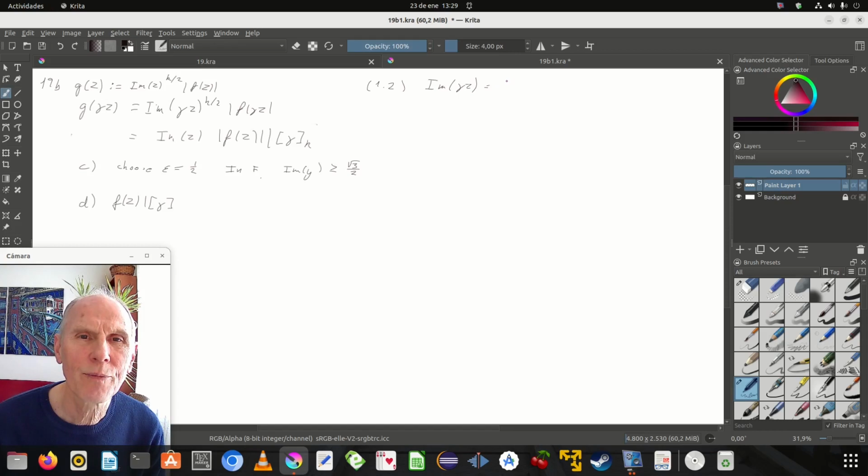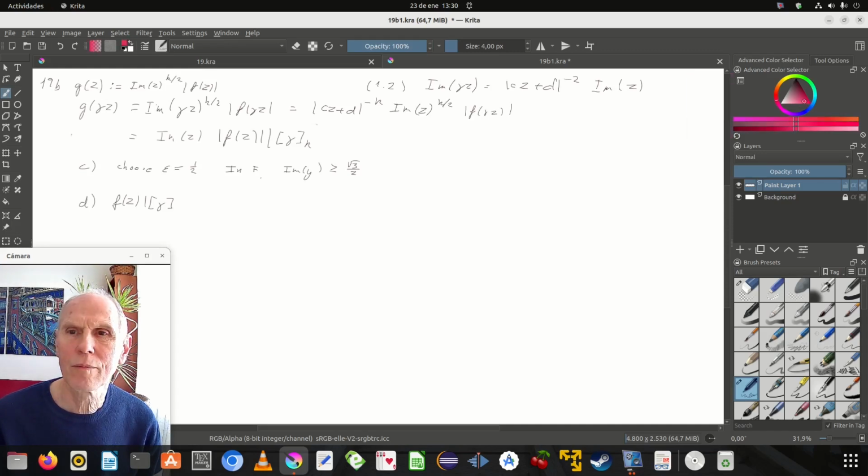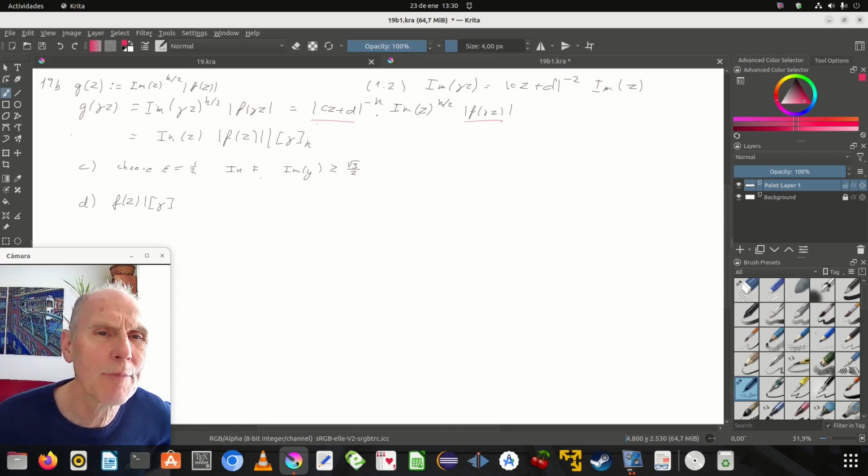Yeah. cz plus d, the reciprocal value of the square times the imaginary part of z itself. So minus k halves times 2. And then these two we can put under the same absolute value sign, and then we get this.